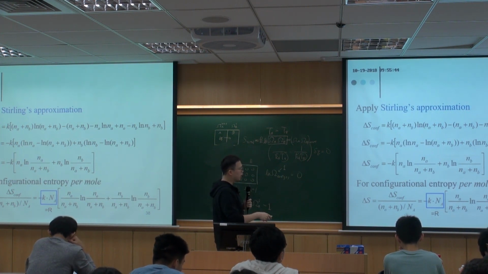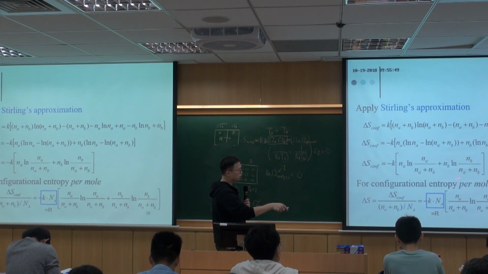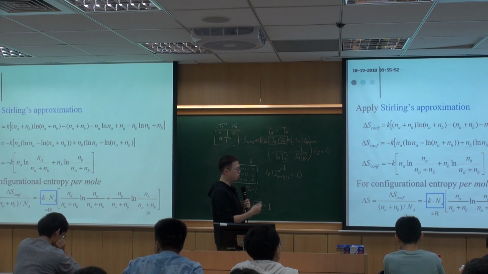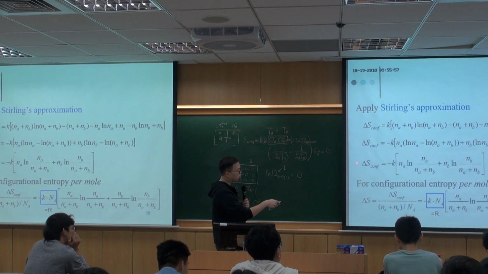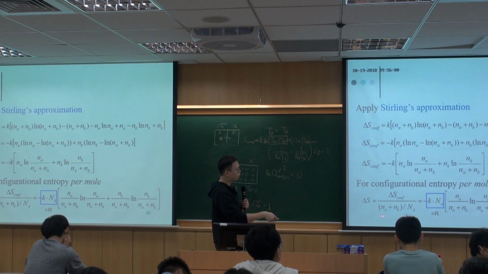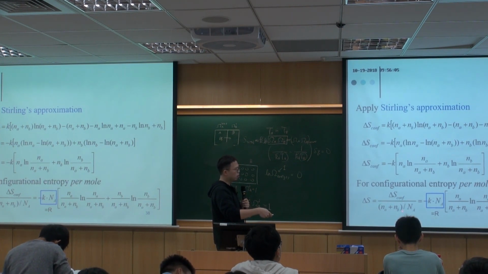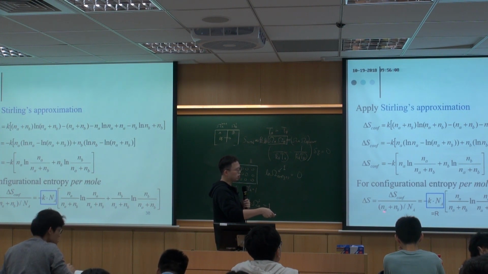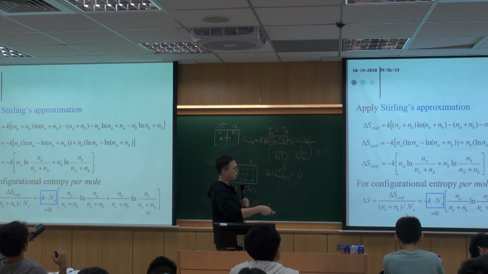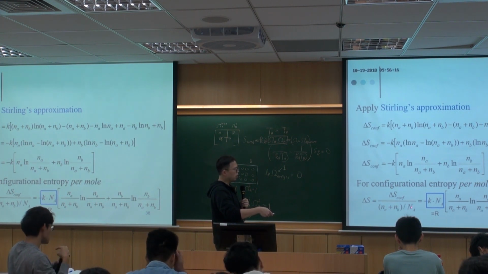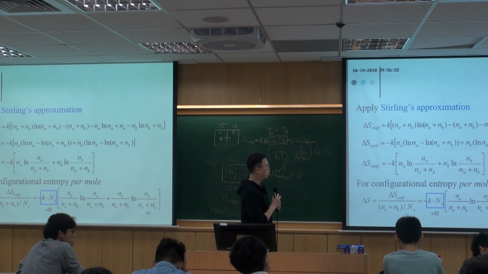So for this mixing process, we're working on a per mole basis now, and the delta S is this change. This is the total configurational entropy change over how many moles of particles you have in the system. So this is the number of particles in the system, right? Small na plus nb. And we divide that by the Avogadro constant, capital Na, and that will give us how many moles of particles are there in your system.